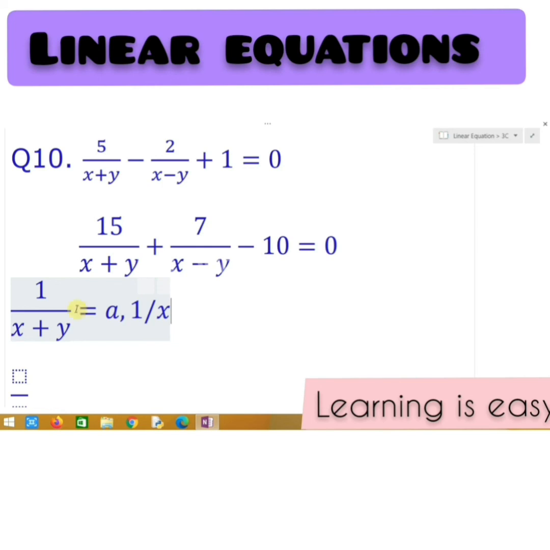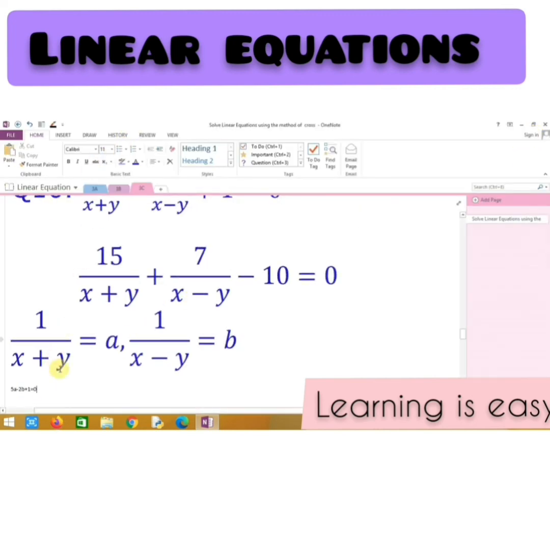Initially, to start with, so it will be of the actual linear equation form. 5a minus 2b plus 1 equal to 0. By assuming the a and b value for 1 by x plus y and 1 by x minus y, we can rewrite this equation. 5a minus 2b equal to minus 1.